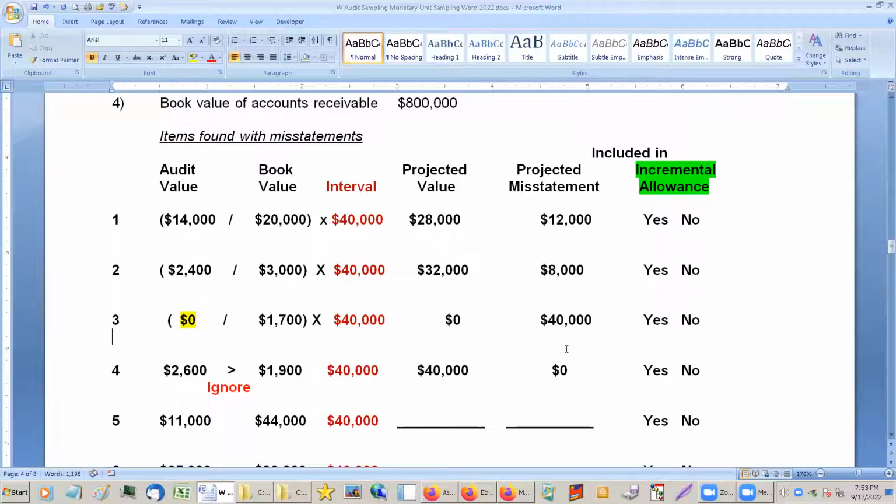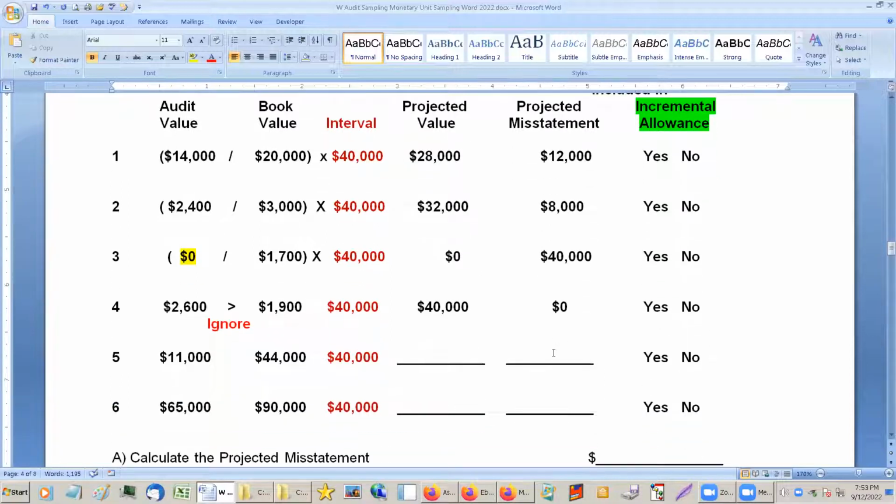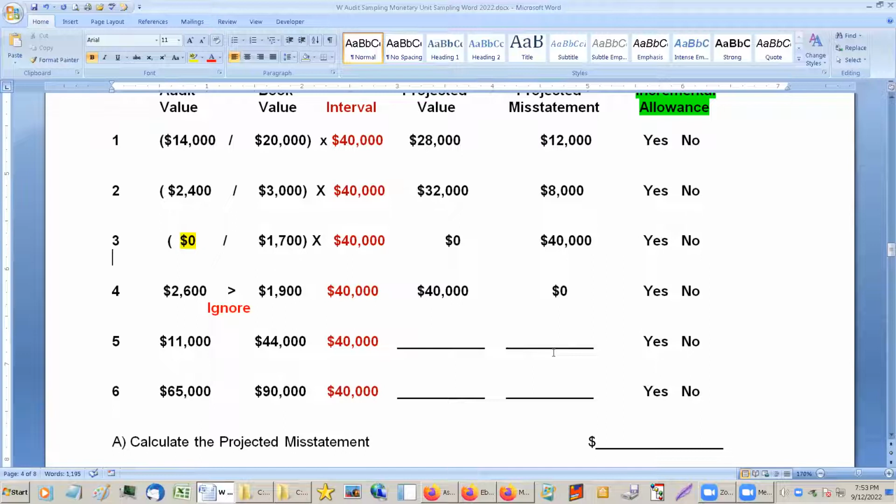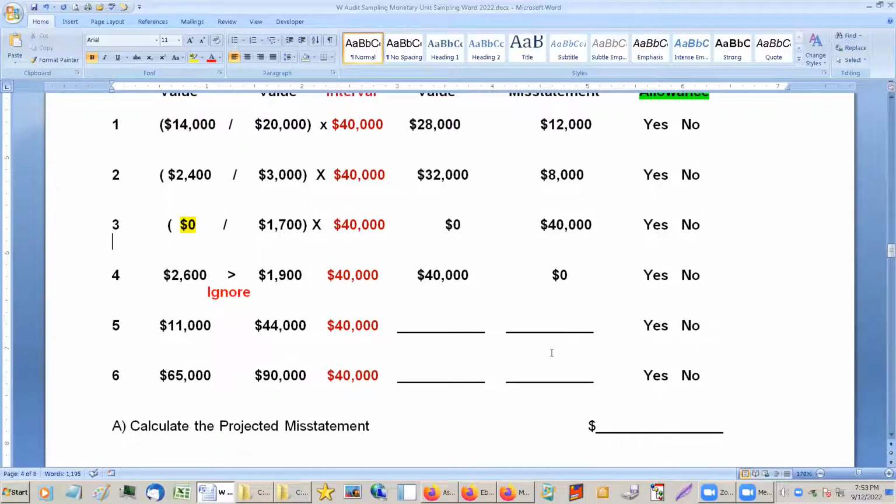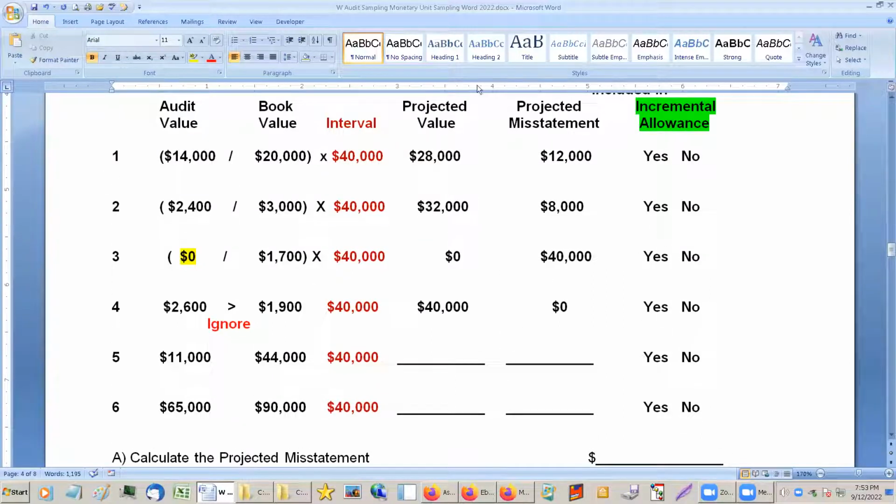So quick question, Professor. If you were doing this method and then you found this in one of the samples, would you then switch to the other method just because of that error right there? Possibly, and it matters how big it is too. If you're doing a big sample and you got one of those, probably not that big of a deal. But if you ran into 5 of them, you say, well, wait a minute, this might be going the other way. It really depends on the size of it.